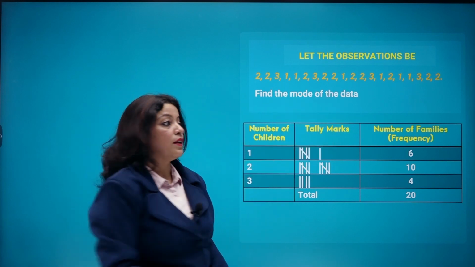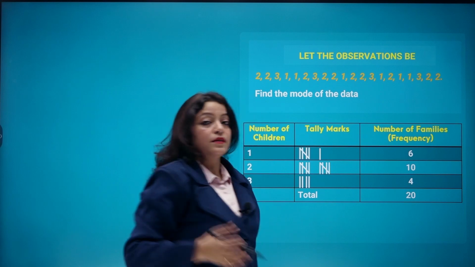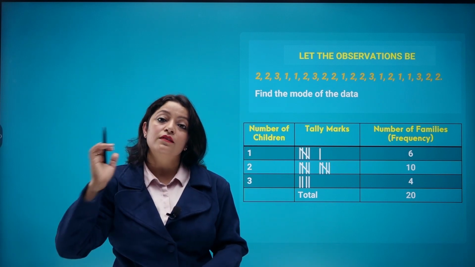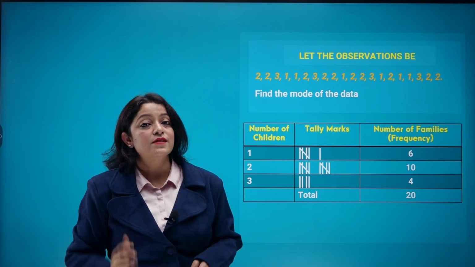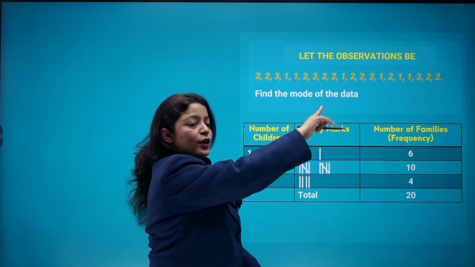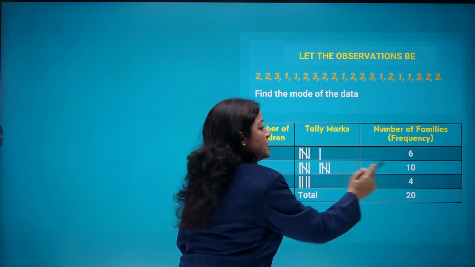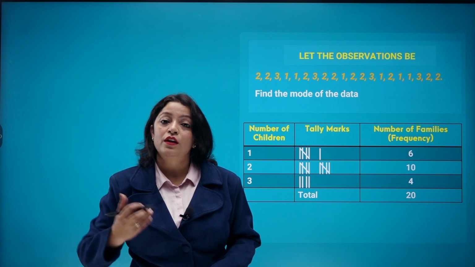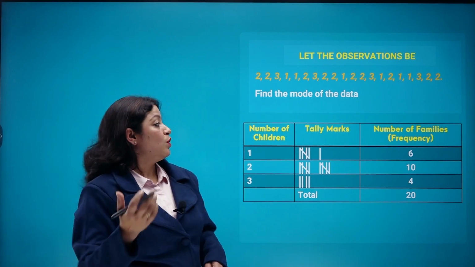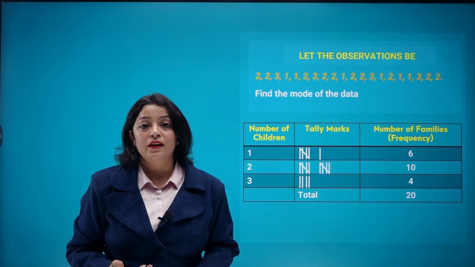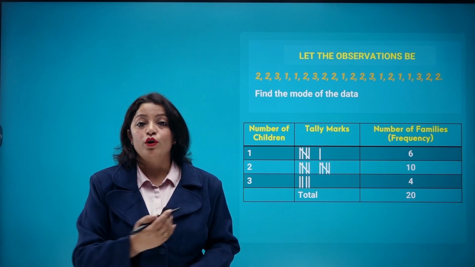So remember one thing, the total of all the frequencies is always the number of observations in the given set. If there are 20 observations, the sum of all the frequencies should be 20. So that is drawing a tally mark table, and now how to find the mode of it.